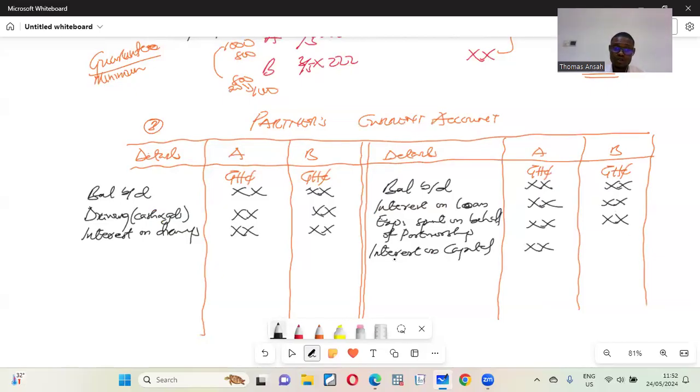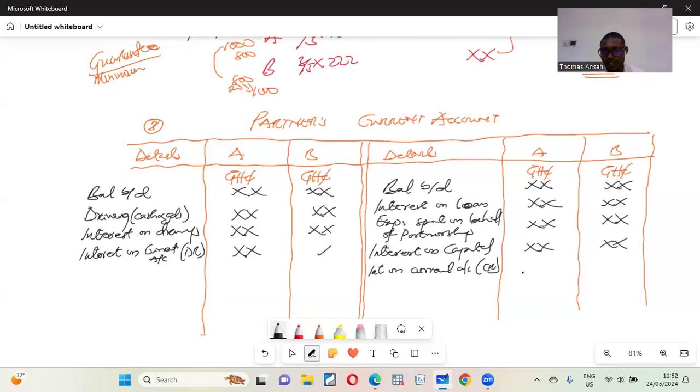Then we have interest on current account credit, right? So we have also here interest on current account debit. Whoever has that, put it under their names.